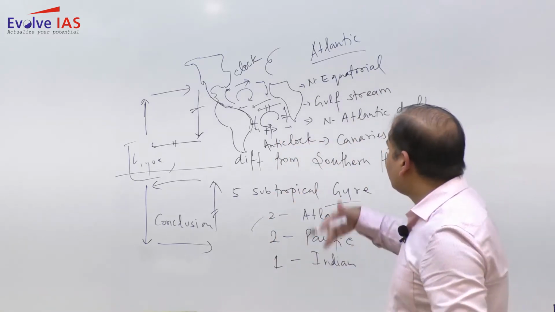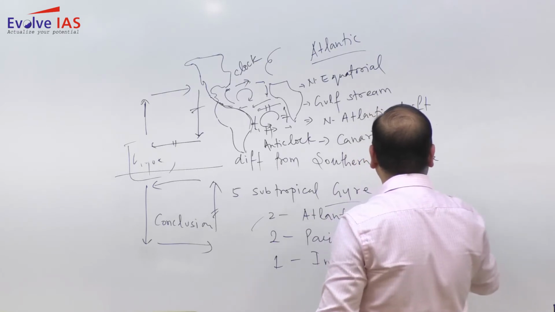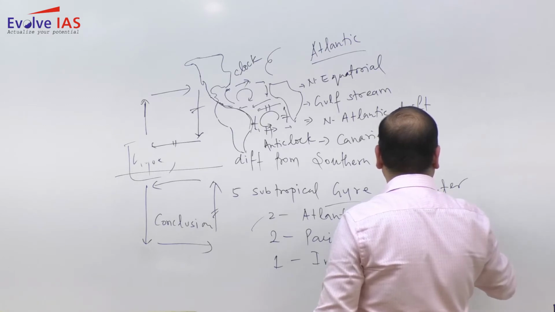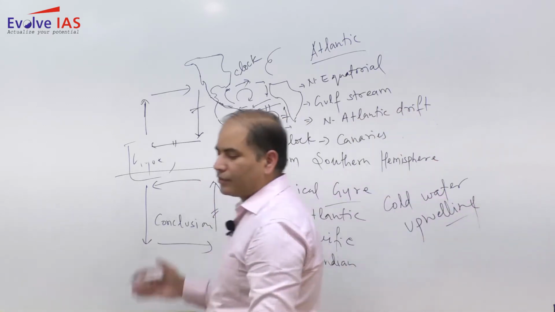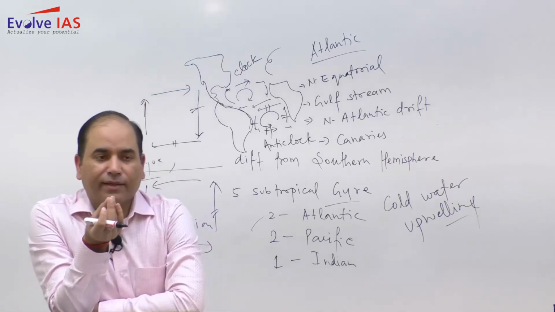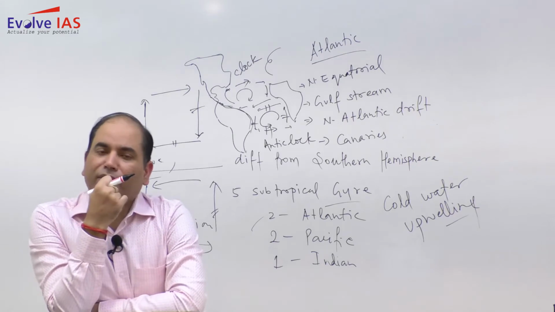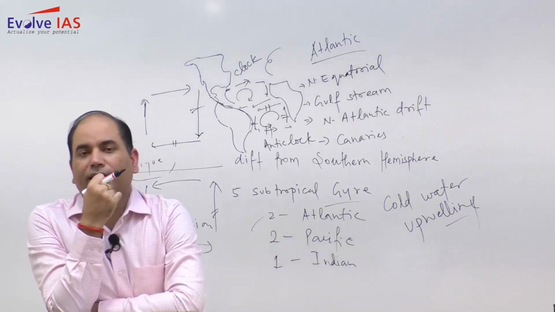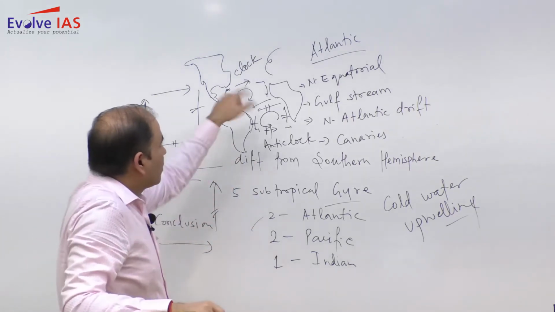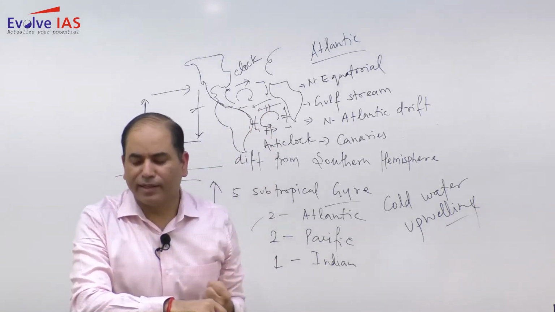You have to write that this is simply associated with cold water upwelling. This is how you need to write, and you need to identify the difference of the gyres with examples. In the northern hemisphere the gyre circulates in a clockwise manner, and in the southern hemisphere it circulates in an anti-clockwise manner.